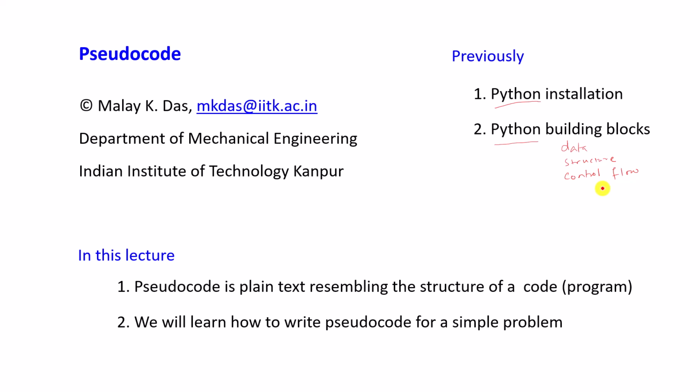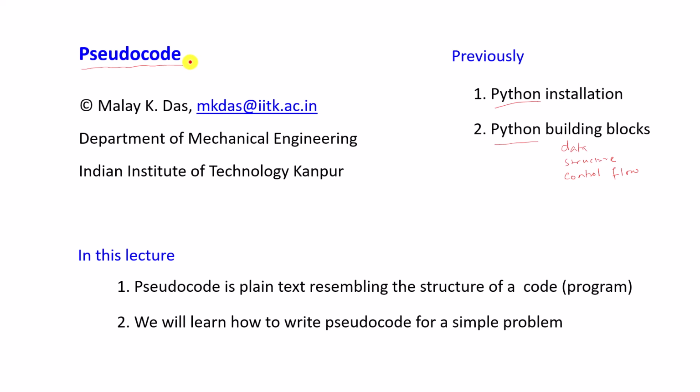So in this lecture, we will talk about pseudocode. Pseudocode is like a program, but it is not a program in the sense that it is not written in any formal language. It will not compile or run on a computer. Pseudocode is a program in our own language.